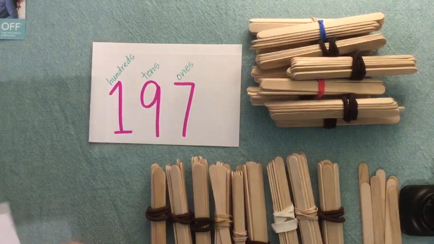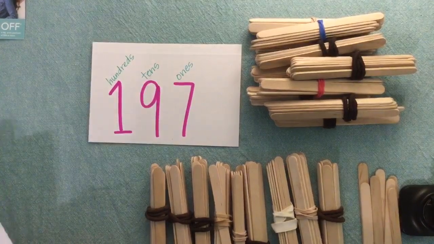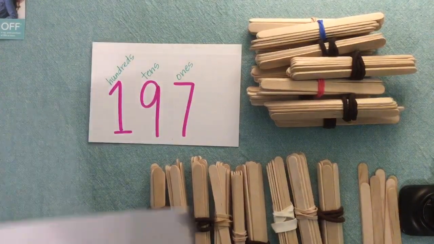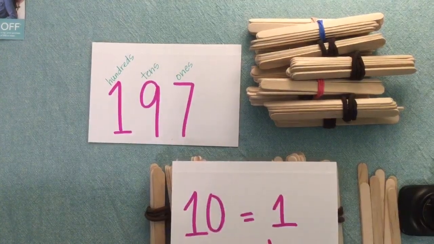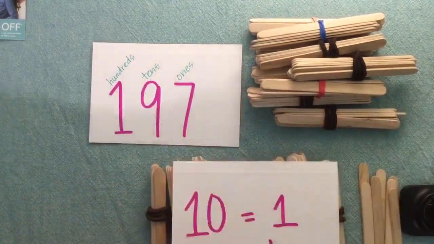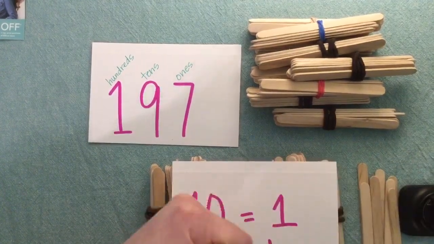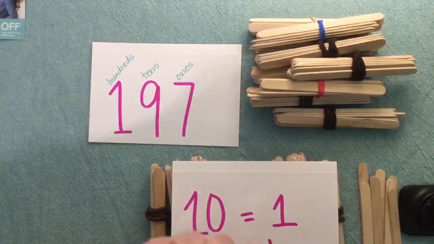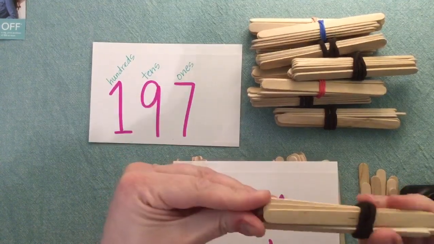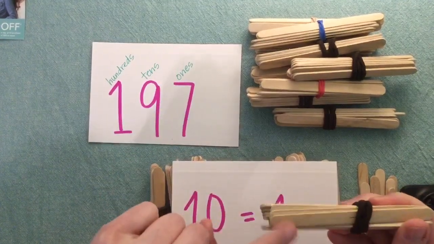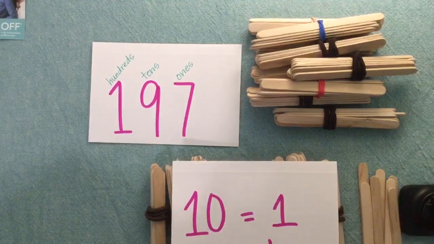So I want to review that again. So 10 ones, right? 10 singles, 10 ones is bundled together to create a 10. Because we're efficient counters, we don't have to count these individually anymore. We can count it as a group, 10.